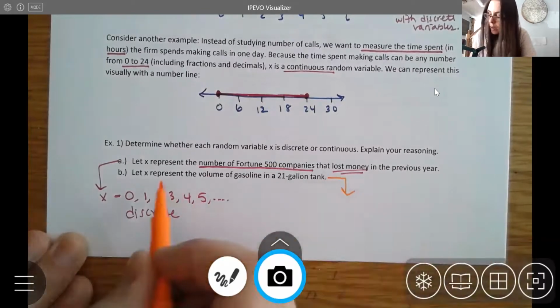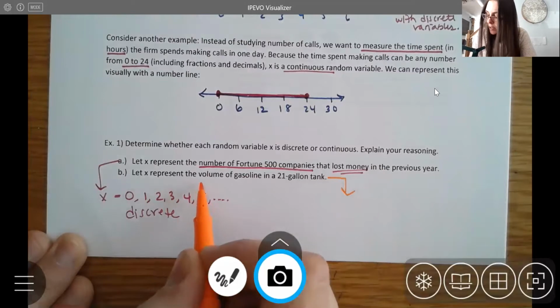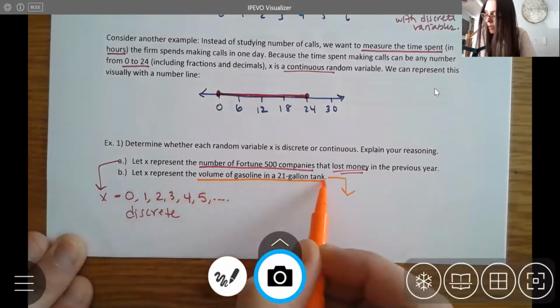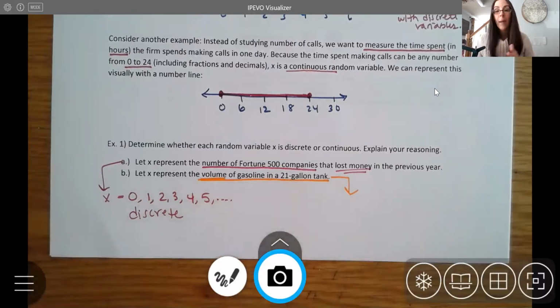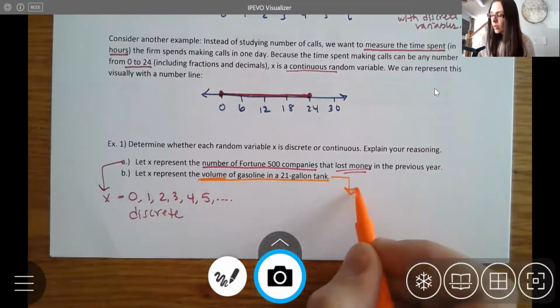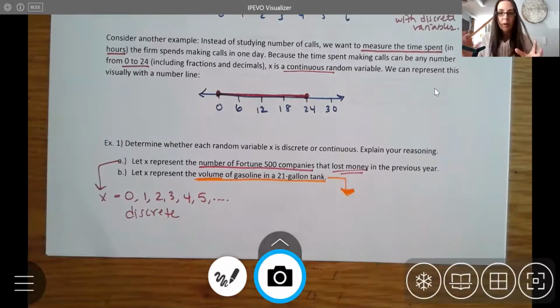Now for the second one, let X represent the volume of gasoline in a 21-gallon tank. Now here we're talking about volume. Volume is something that we can measure. A lot of times when we have things like heights or weights, volume, we often measure those things instead. Obviously, it's going to depend on your example, so every example could be a little bit different.